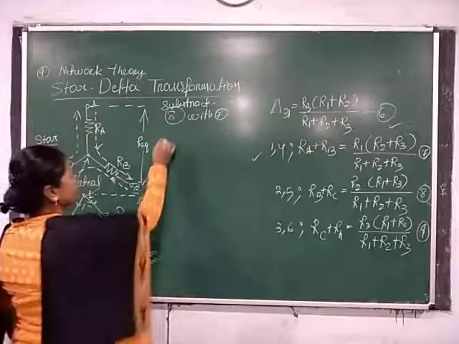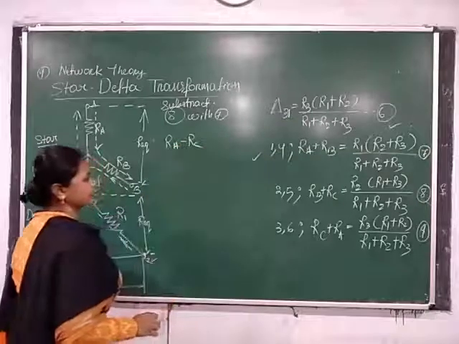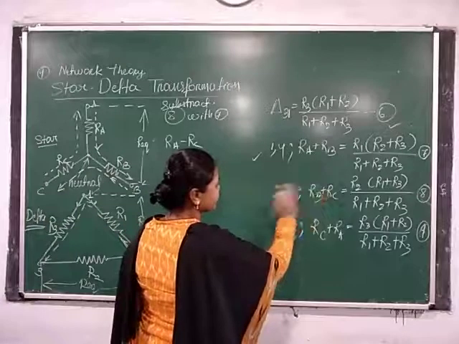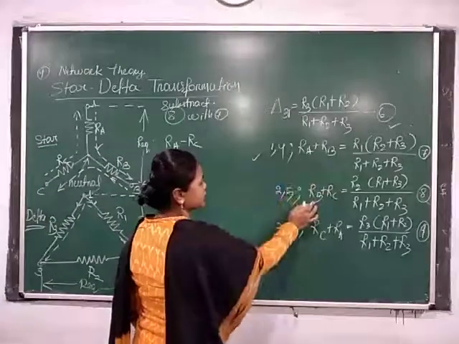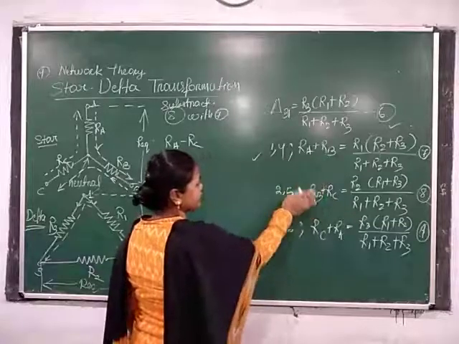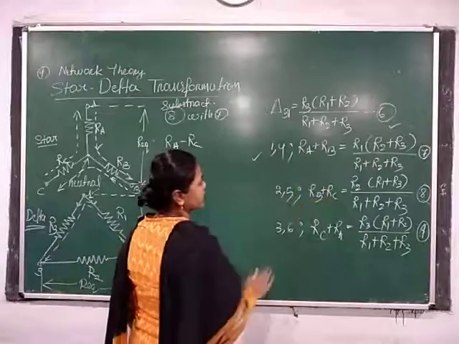You get RA minus RC. On the left hand side of these two equations, if you subtract them, RB is cancelled out and you get RA minus RC.